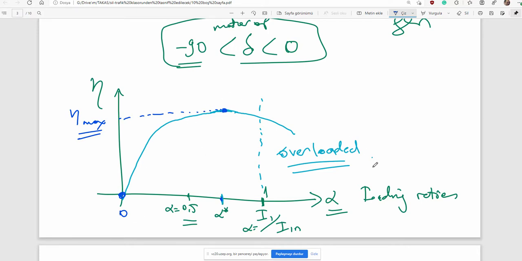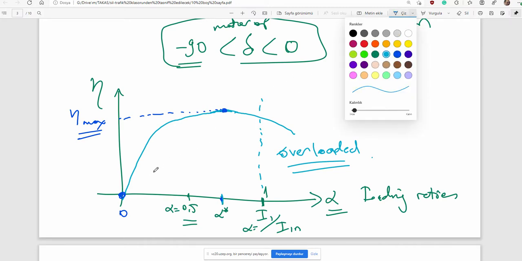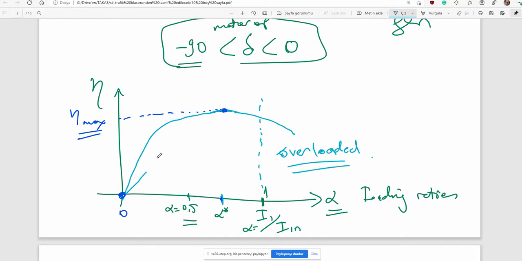The curves will be similar, but the tendency, slope, or some behavior will be different. In a synchronous machine the characteristic is generally a little bit smooth.